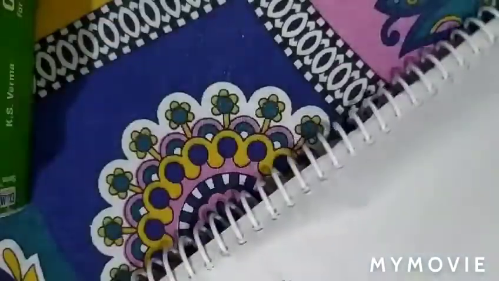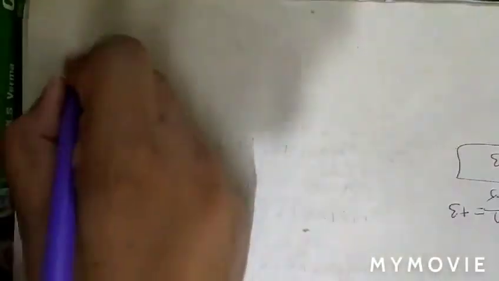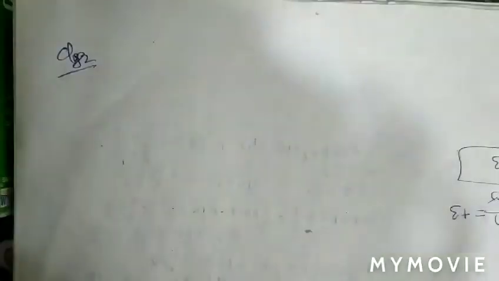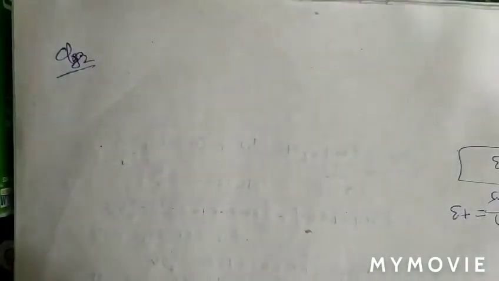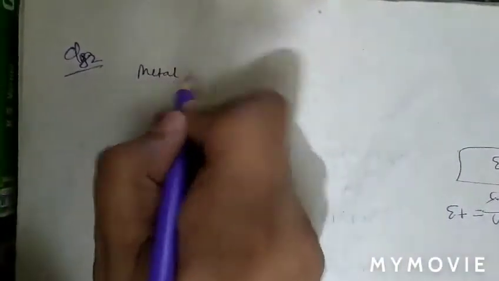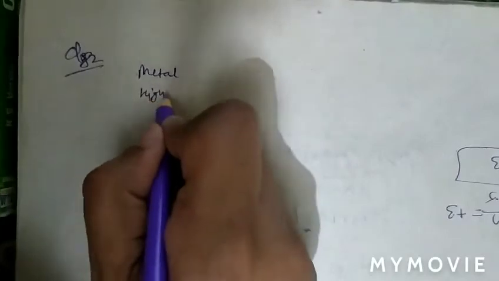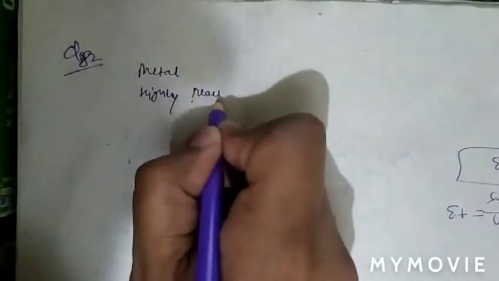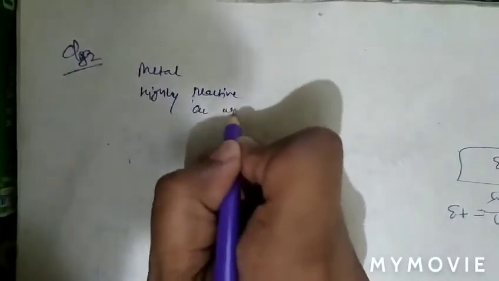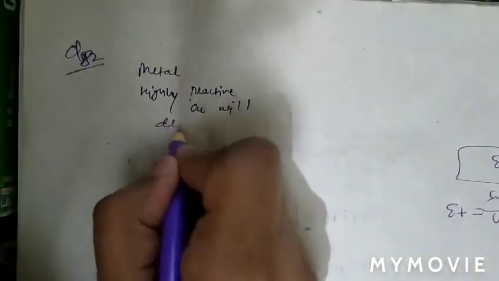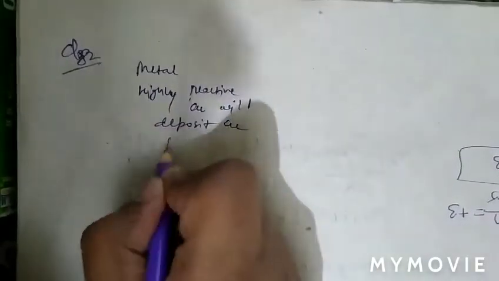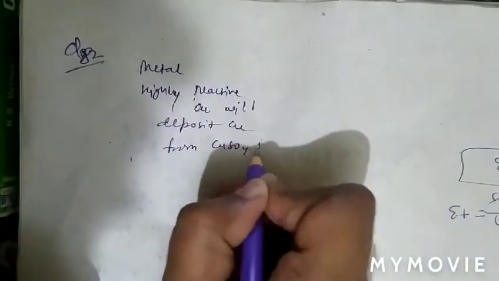See question number 82. In question number 82, what is given there? Which of the following metals can deposit copper from copper sulfate? The metal highly reactive than copper will deposit copper from copper sulfate solution.